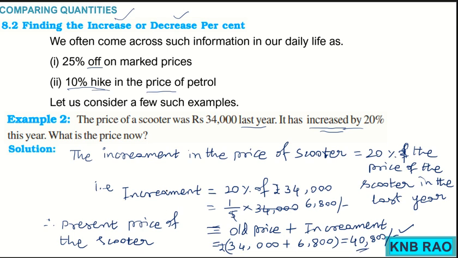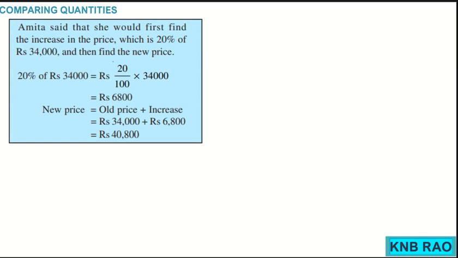This is how we solve this question. Children, can it be solved in some other way? Let us look into that. Now, let us say Amita solved as I solved just now. Amita solved by first finding the increase in the price, that is 20% of rupees 34,000.